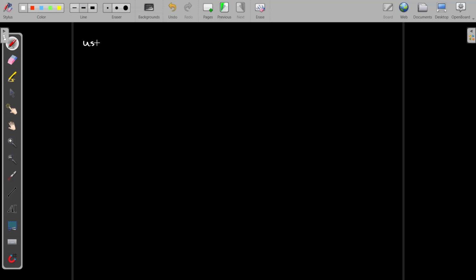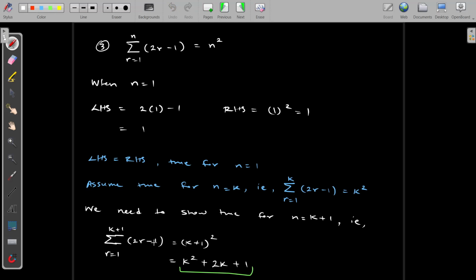So using left hand side, we know that up to the k term is just k squared. So this would be k squared plus, then we're replacing this r here with k plus 1.